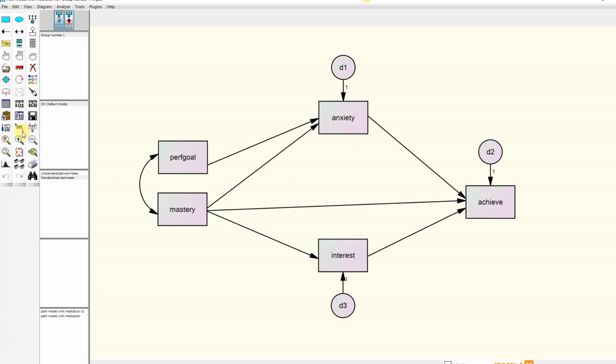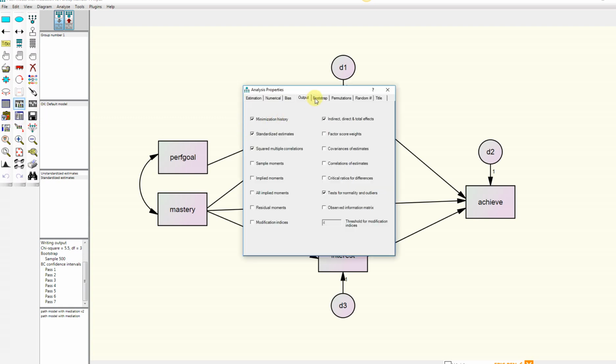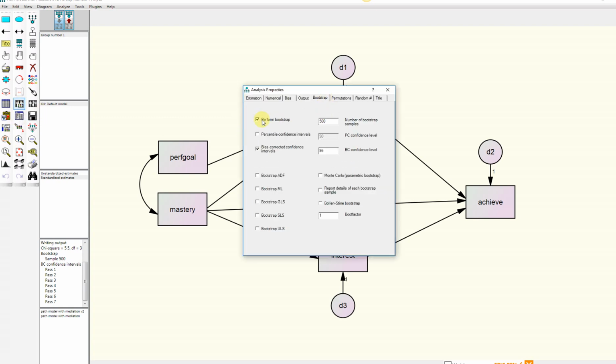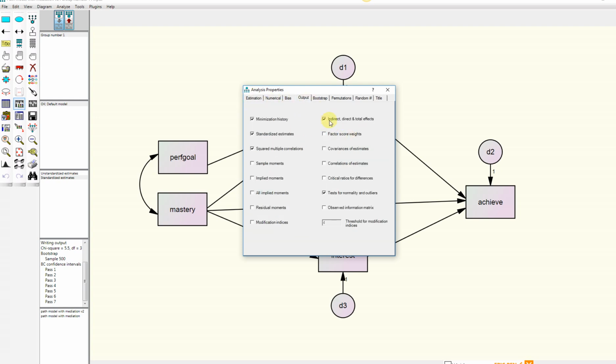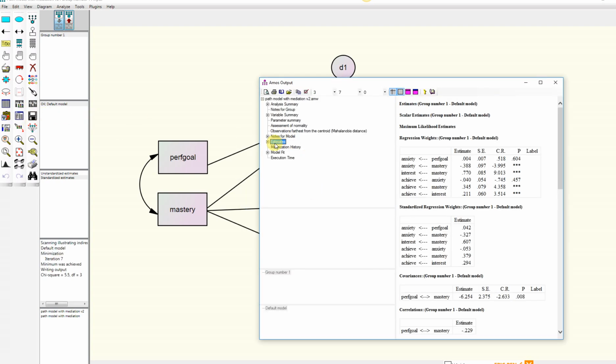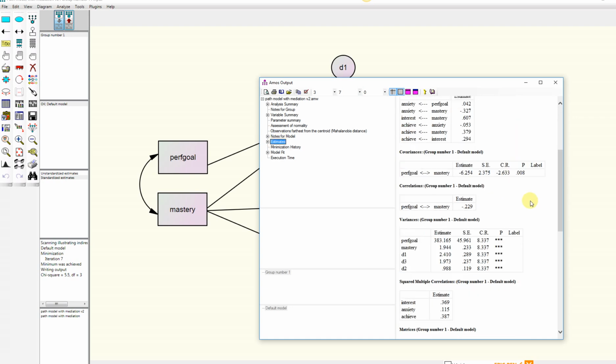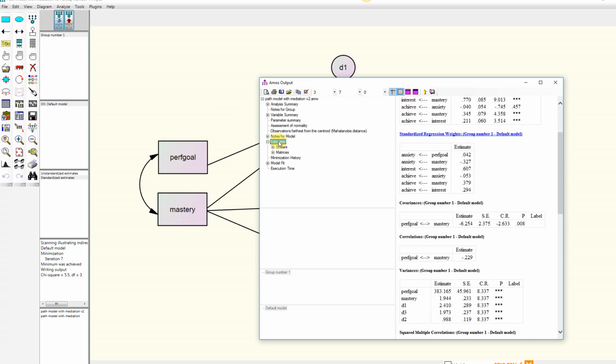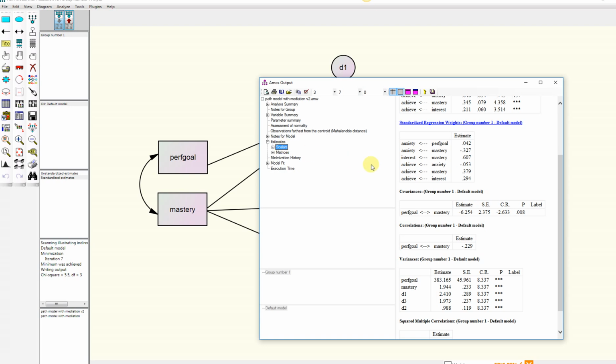So I'm going to now run the analysis, and I'd actually performed a bootstrap on this. I'm going to undo this for right now, and I'll show you this in a second. So again, I'm going to click on indirect, direct, and total effects, run the analysis, and so when I look at my output for estimates, I can either scroll down all the way, or I can just double click here, and I get my matrices.